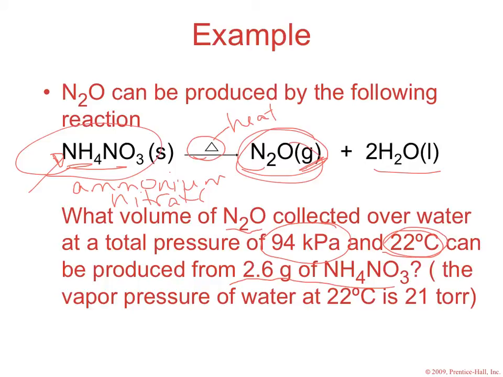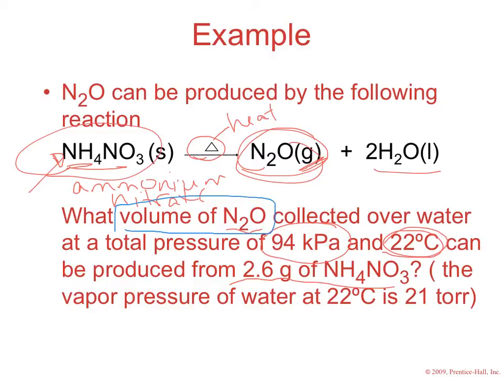So this is probably tricky. You probably need to watch me work it before you can do one on your own. Just a couple of comments to get you to kind of analyze what's being asked. It's asking for the volume of the product, dinitrogen monoxide. Okay, so it's really a stoichiometry problem. Anytime you're asked for amounts of product, it's some type of stoichiometry.